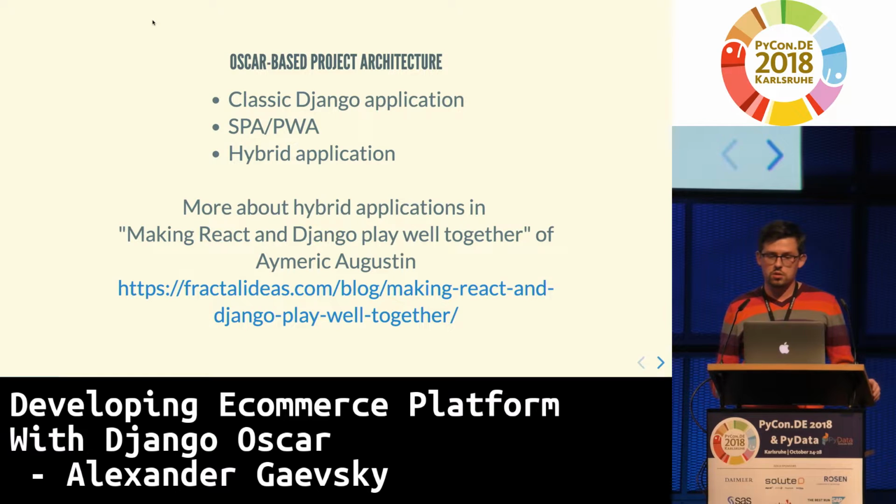You can also implement a single page application or progressive web application, or you can implement a hybrid application, which is a mix of templates and some reactive frontend. You can read more about the hybrid application approach in the article by Americo Agustin, Making React and Django Play Well Together.